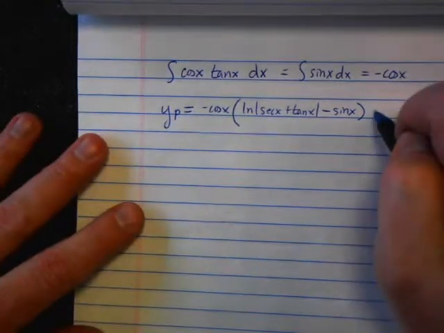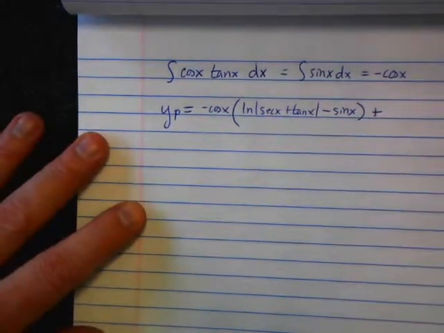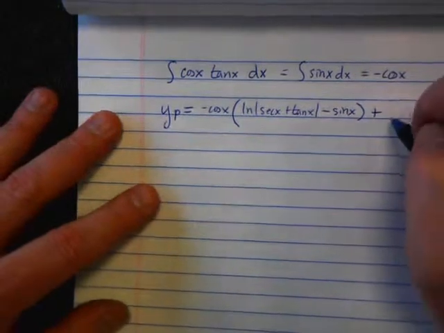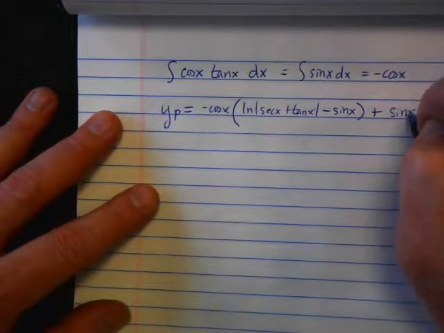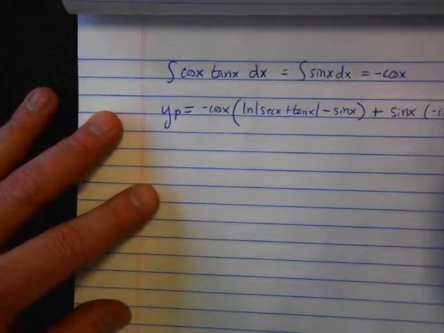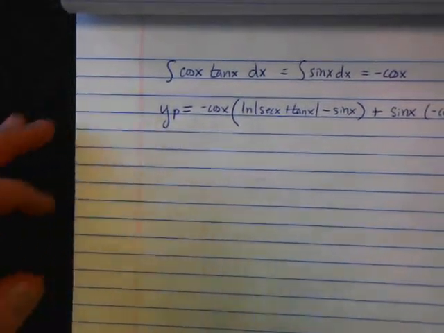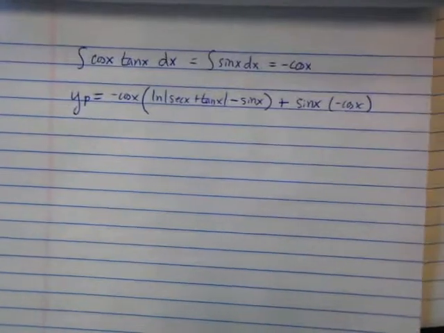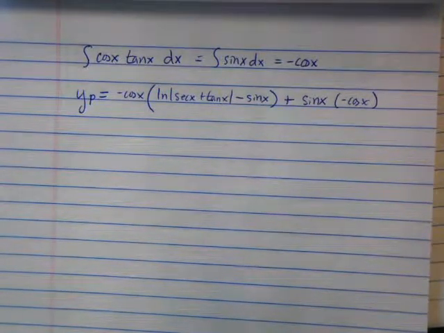And then we need plus y sub 2, which is sine x, times the second integral that we figured out, which we liked a lot more because that was the easy one, negative cosine x. So there is your particular solution to y double prime plus y equals tangent x.